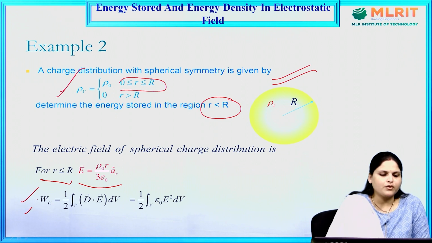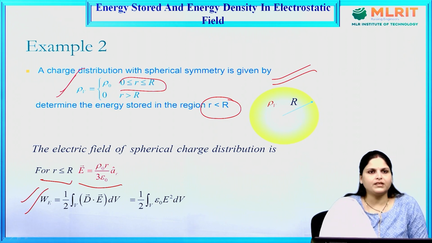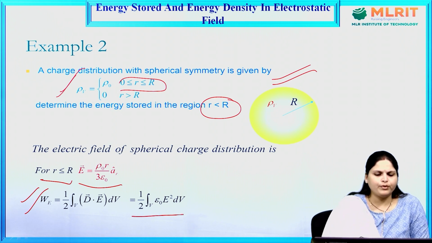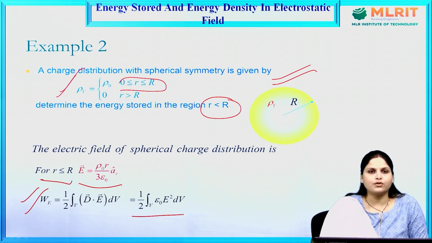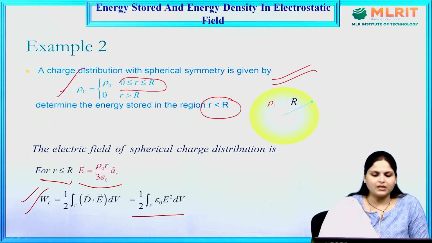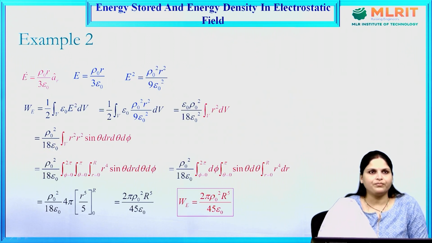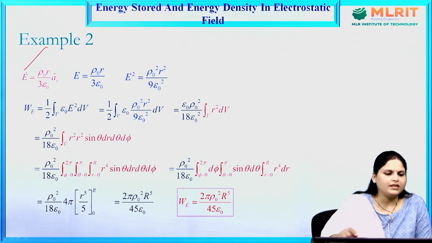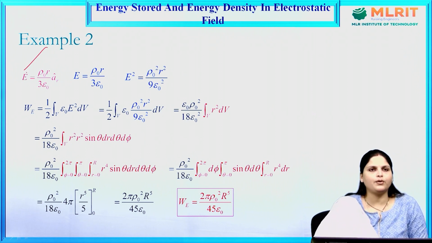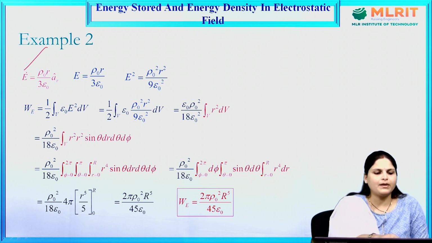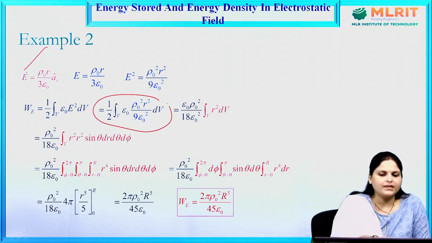Then we use this formula further, 1 by 2 integration of V D dV, and in place of D we can write epsilon naught E. So this formula becomes 1 by 2 integration of epsilon naught E square dV. We can put E as rho naught r upon 3 epsilon naught a_r, and when we further simplify it by putting this, we get this formula.